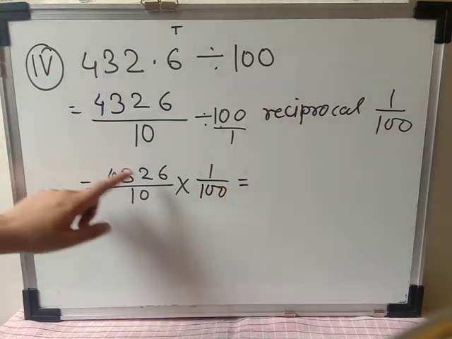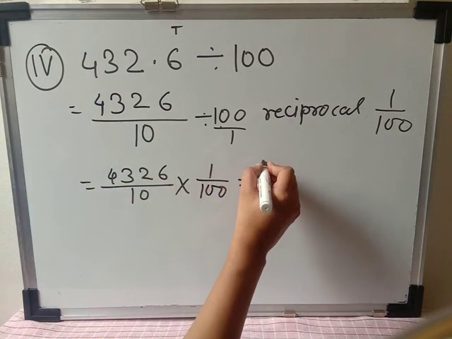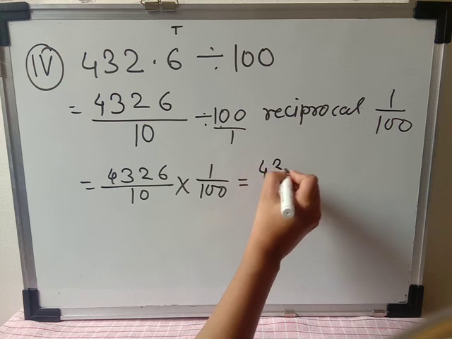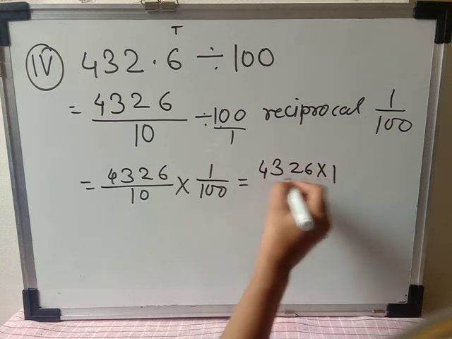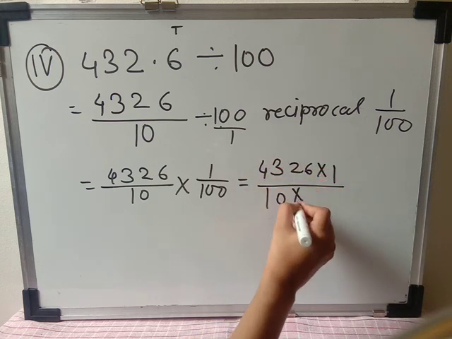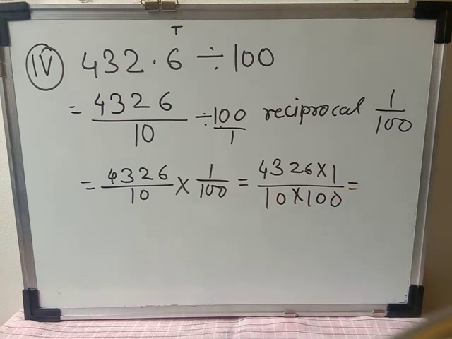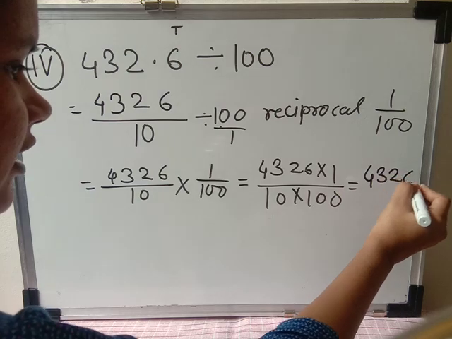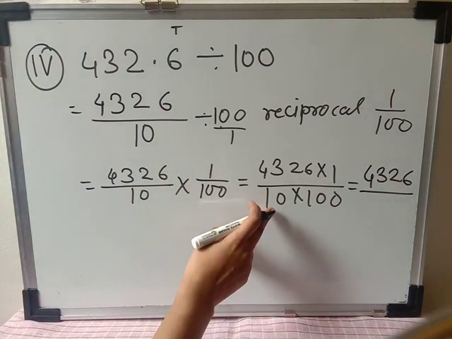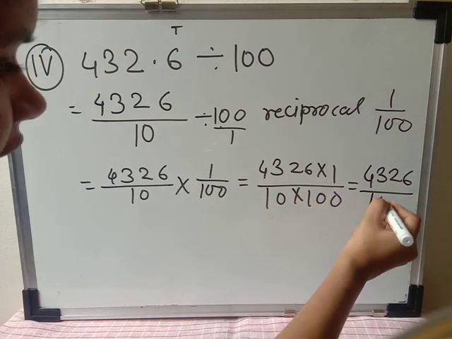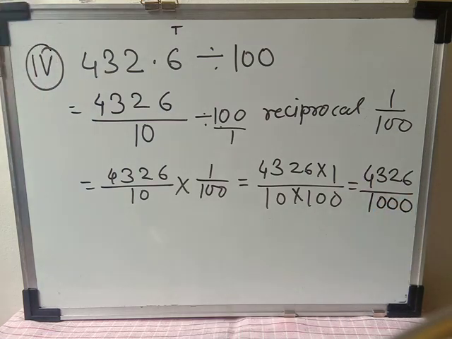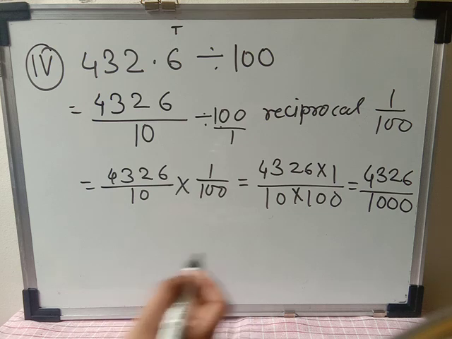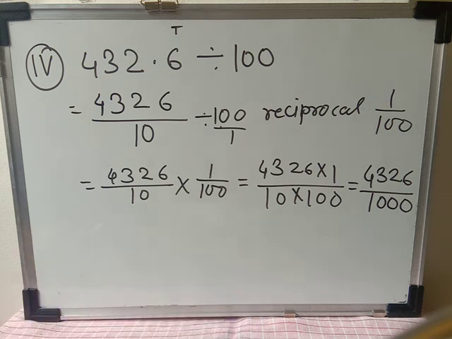Now let's do the multiplication of all these numbers. 4326 divided by 10 multiplied by 100. You will get 1000. Now let's do the division of all these numbers.